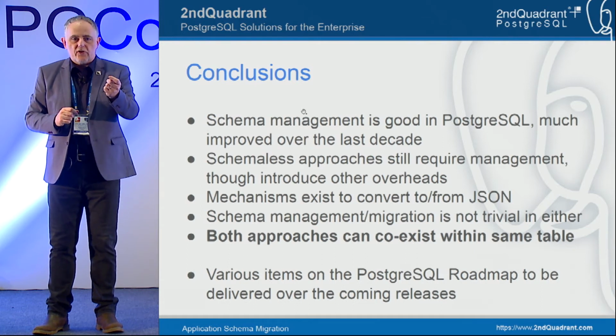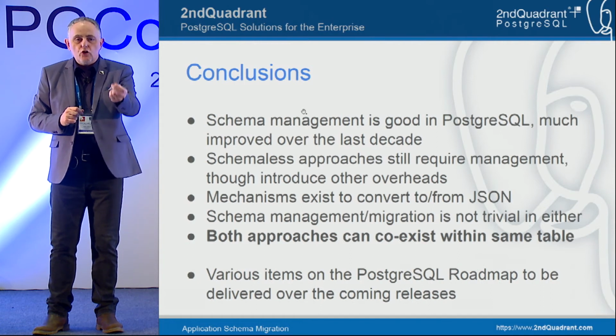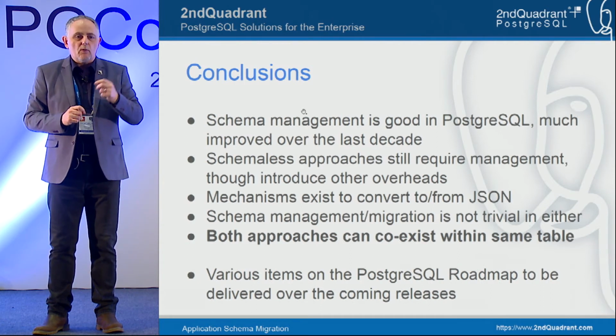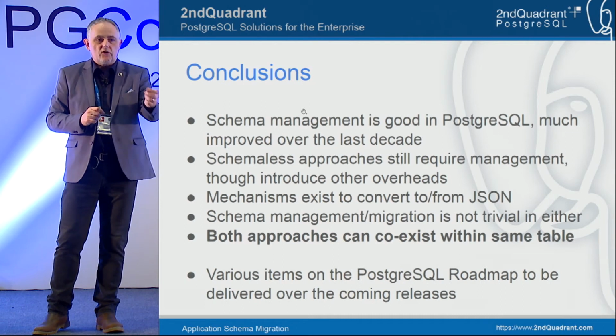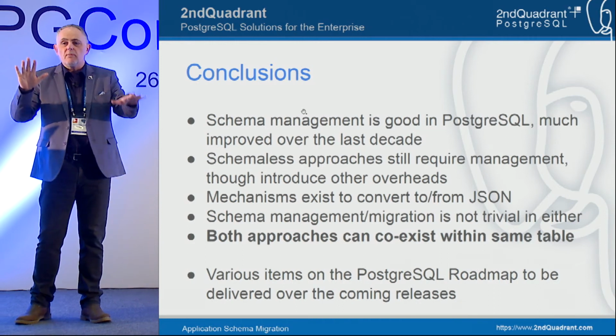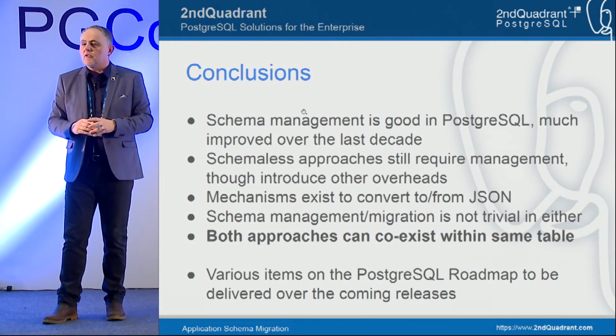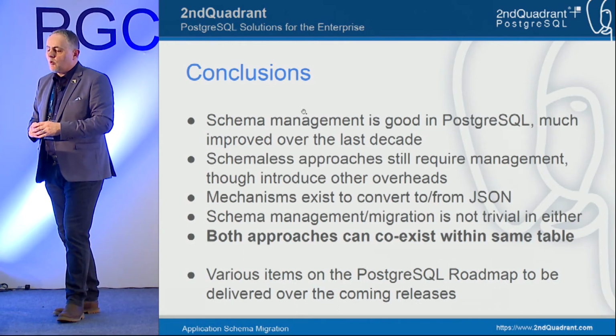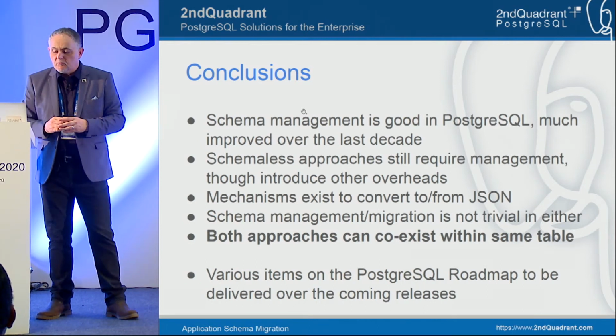So we're not prescriptive. We don't say you must use JSON, but we don't say you must not use JSON. What we say is you can use either and you can mix and match it in any way you choose, okay? And that is what is really powerful.